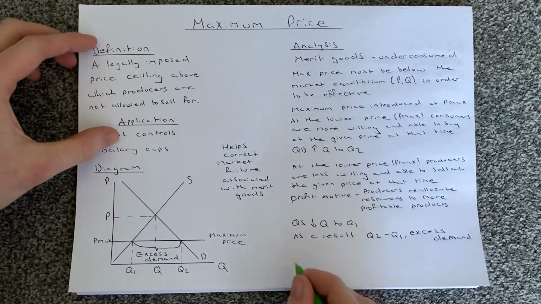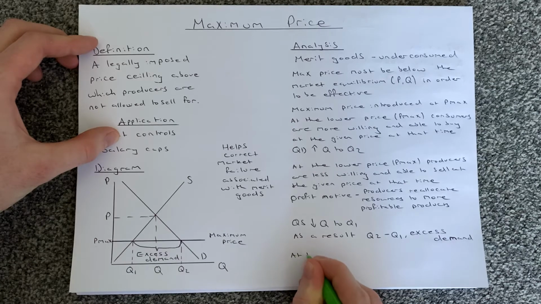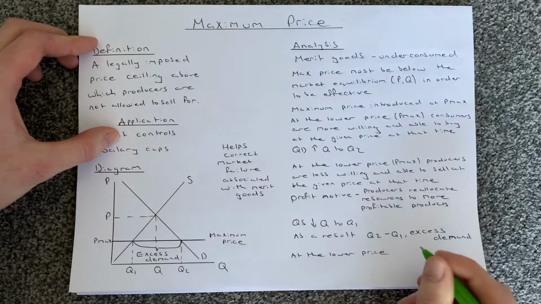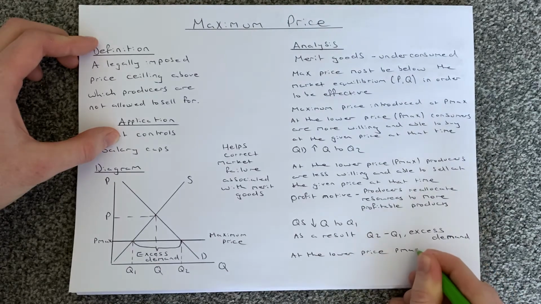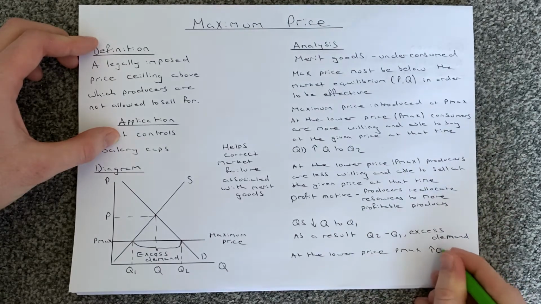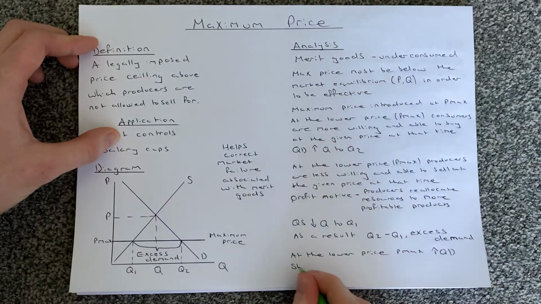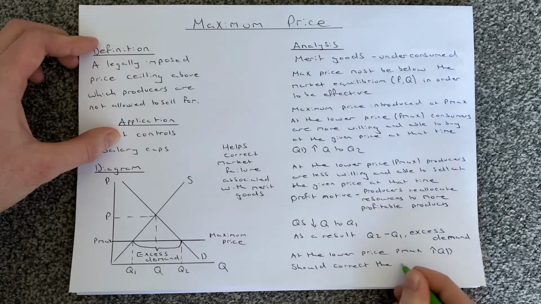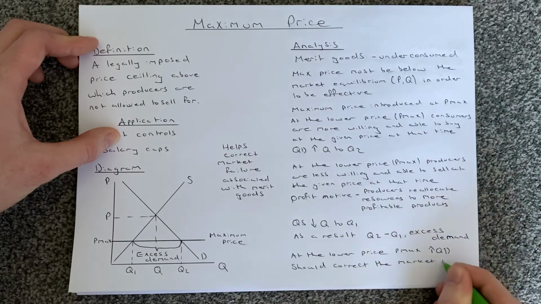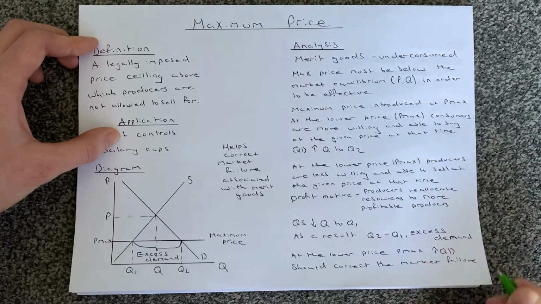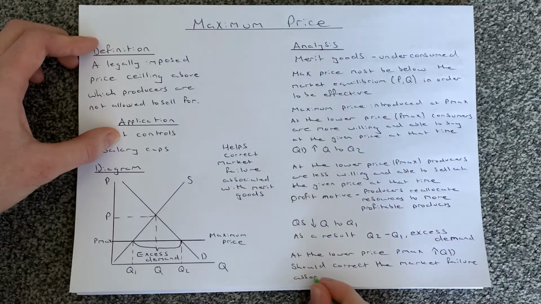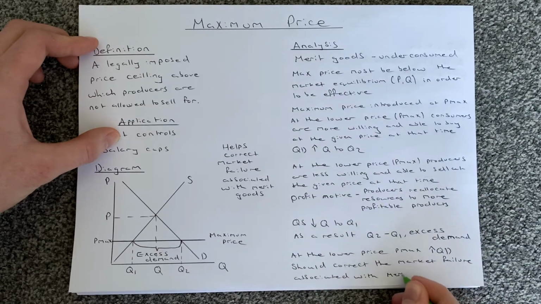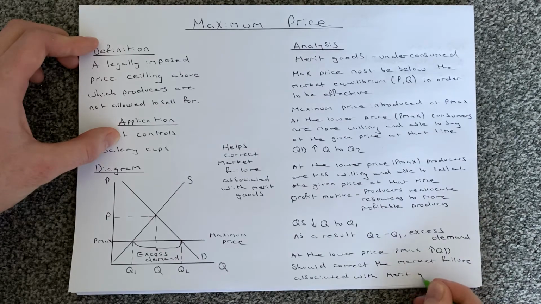So let's just put a note that at the lower price of PMAX, we should expect an increase in quantity demanded, and that should correct the market failure associated with merit goods.